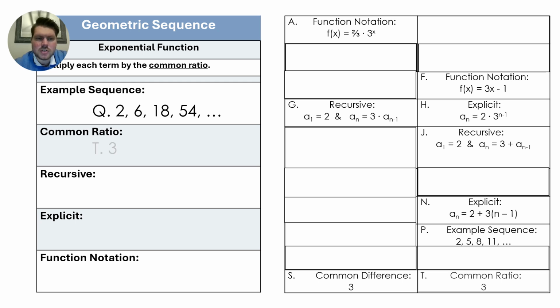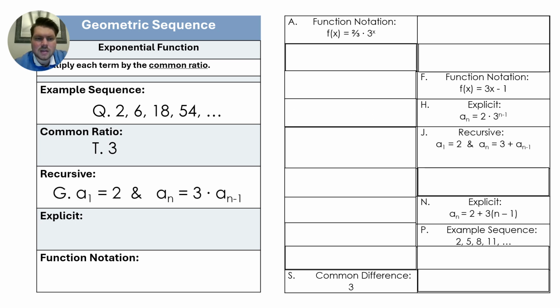So my common ratio is 3. And then my recursive, there's only one where it starts at 2 and it's multiplying by 3. That's G. And then similar for the explicit, there's one where it's 2 times the multiplier, which is 3.